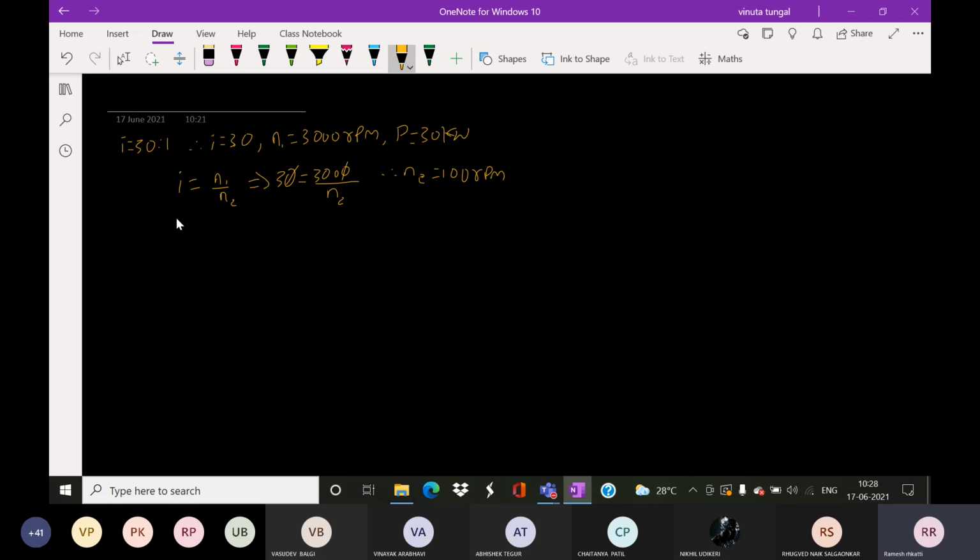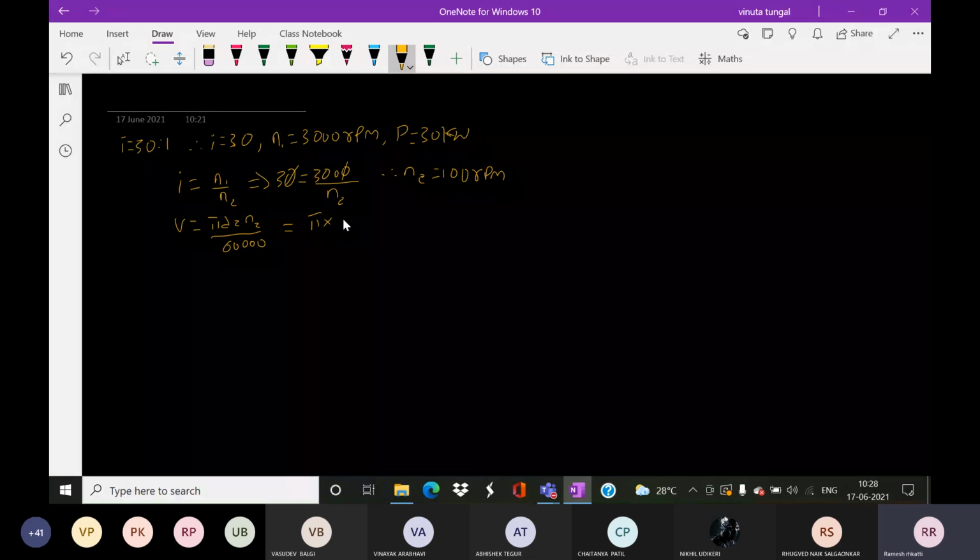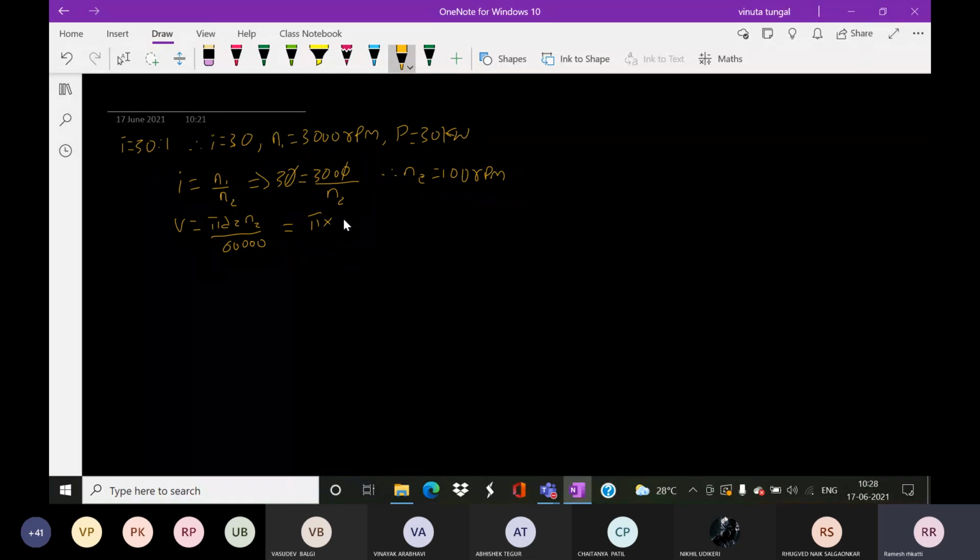Therefore, next I'm going to find out the velocity. V is equal to, you have to use the same formula, pi d2 n2 by 60,000. Substitute the values of d2 and n2. Pi into how much is the value of d2? D2 is not given.